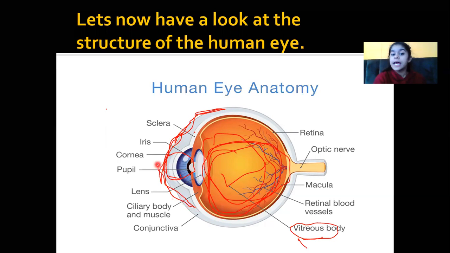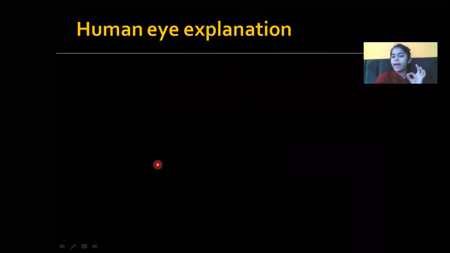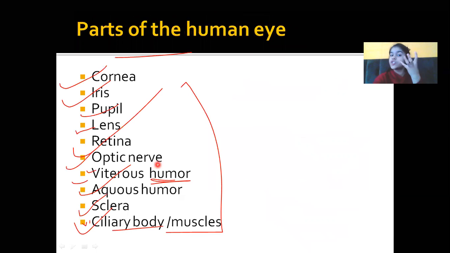It protects the eye in the sense that it does not allow foreign particles to enter the eye. If any dirt or anything comes toward your eye, it stops it. That is why sometimes you say something went in my eye. The cornea stops foreign particles from entering the eye.